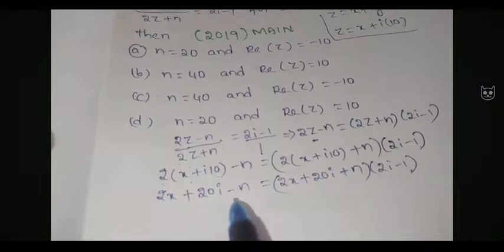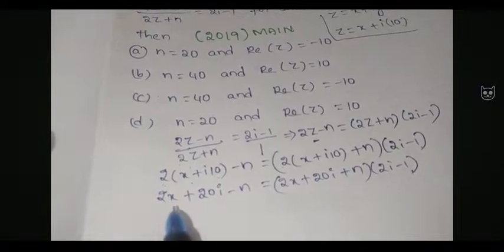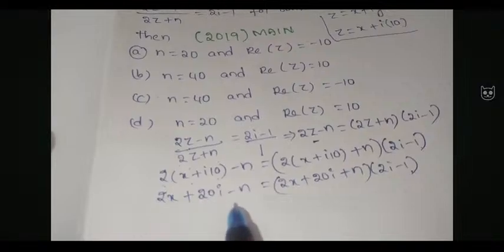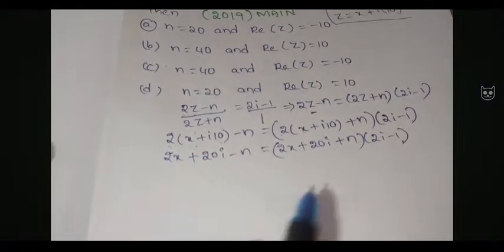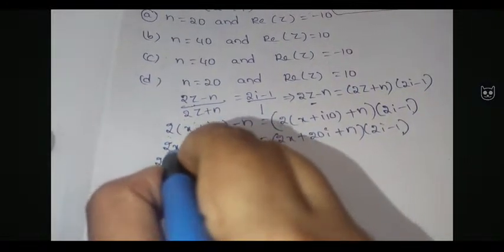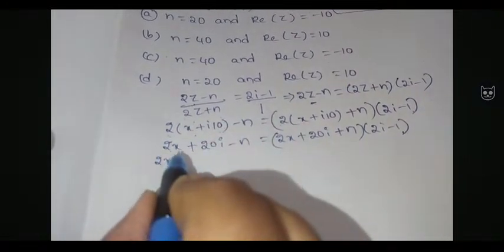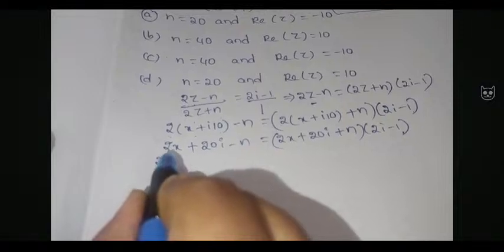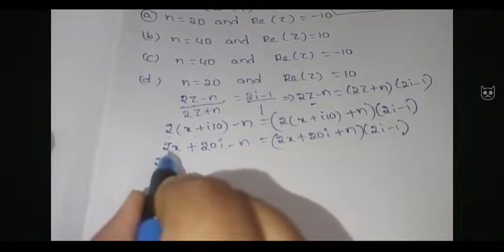Now we write real terms on one side, imaginary terms on another side. The real term here is 2x, because there is no i. If it has i, then it is imaginary.